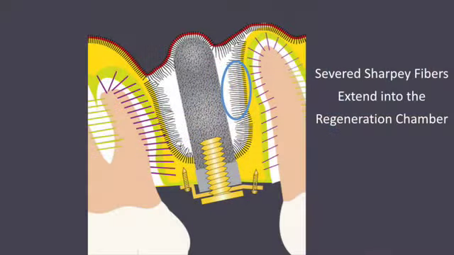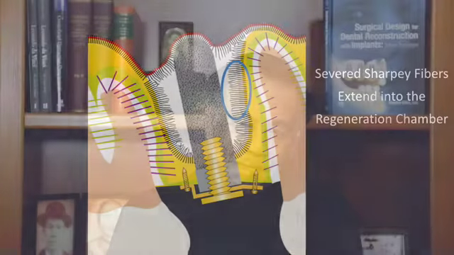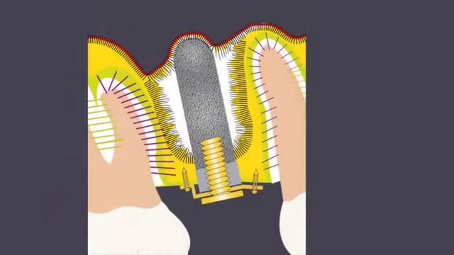So we see here that the Sharpey's fibers that have been amputated as the sinus membrane was elevated begin to bud towards the chamber. Now, these fibers extend into the void even though there is no bone in that volume. So the fibers extend into the volume first.